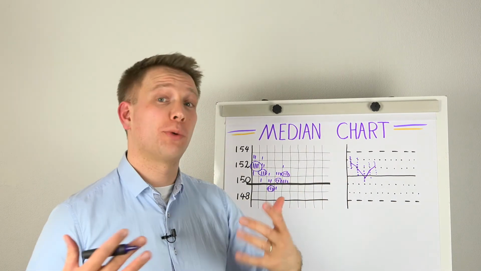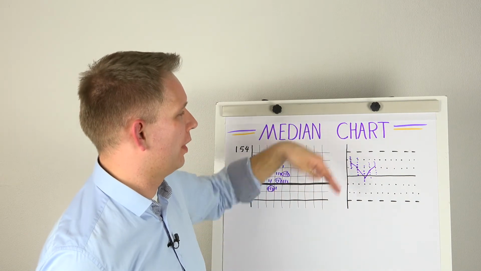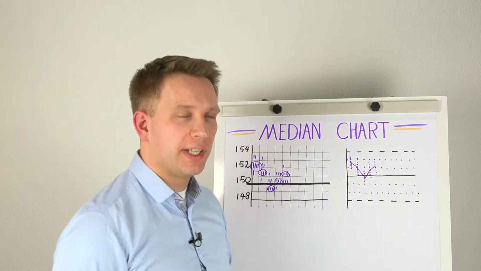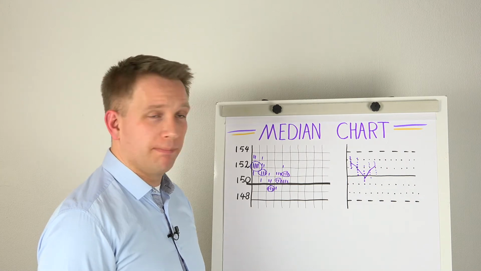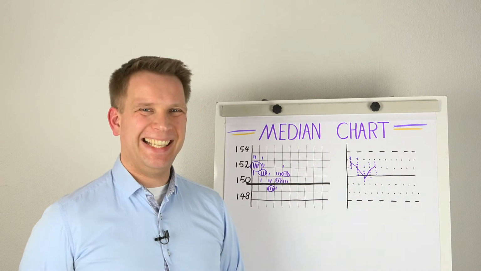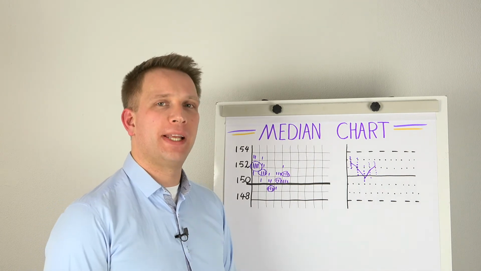Are they going to trigger the normal SPC rules? Do we have 2 out of 3 over 2 sigmas? Are we seeing everything on one side? But this here is already, well, you saw it took me longer, and then I had to draw lines, and then I don't know, it just isn't as easy to fill in.